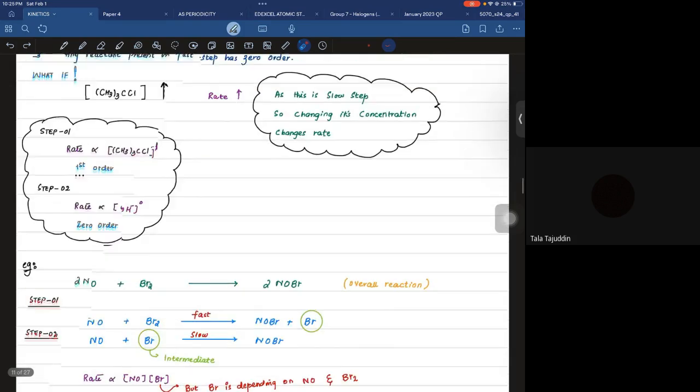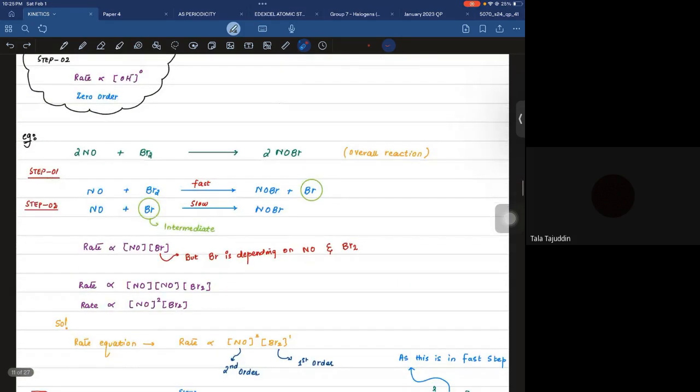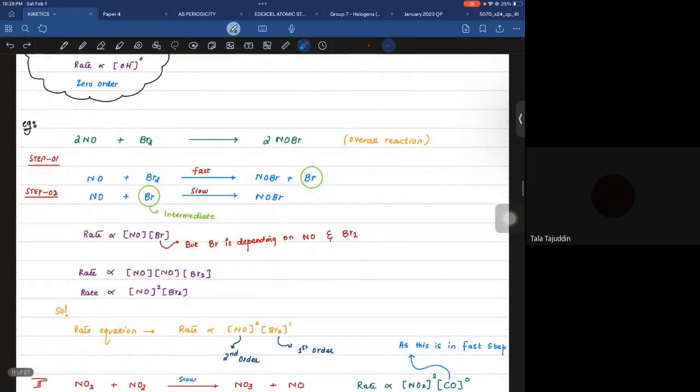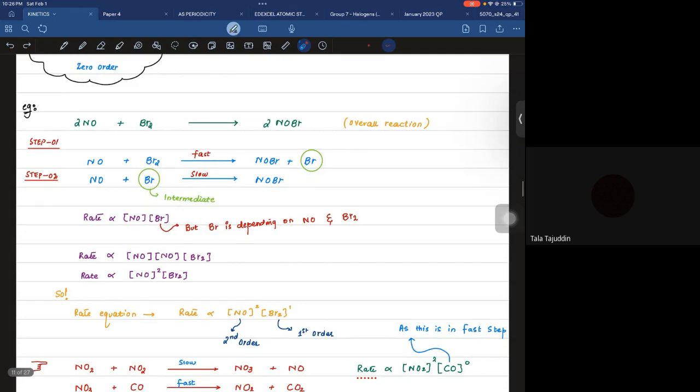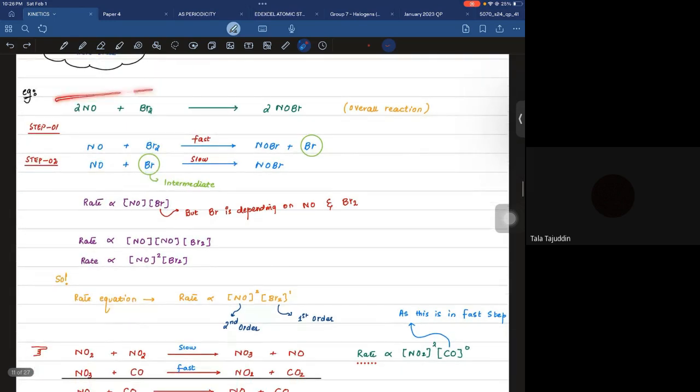Now, we have to propose the mechanism. This is your full overall equation, and you have to propose the mechanism.